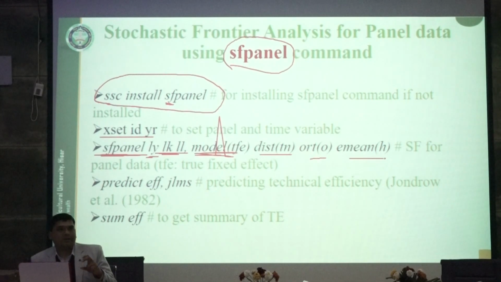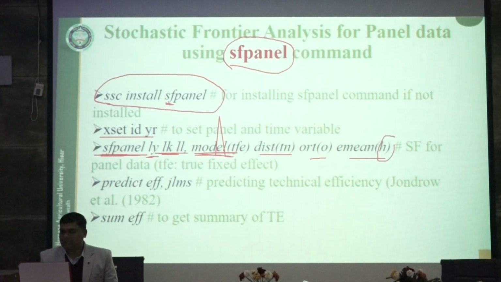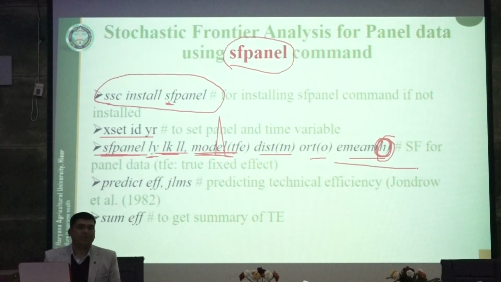This variable h is the variable we are checking, whether it is responsible for the inefficiency or not. If you want to check whether any variable is responsible for the inefficiency, then you have to add this emean command.